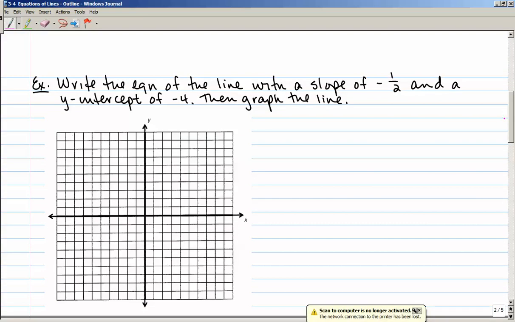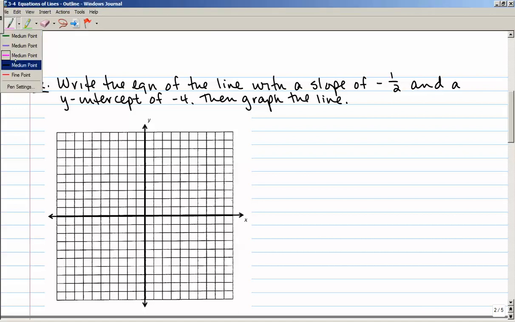This says write the equation of the line with a slope of negative 1/2 and a y-intercept of -4, and then graph the line. So if the slope is negative 1/2, that means m is equal to negative 1/2, and the y-intercept is b, so that's -4.